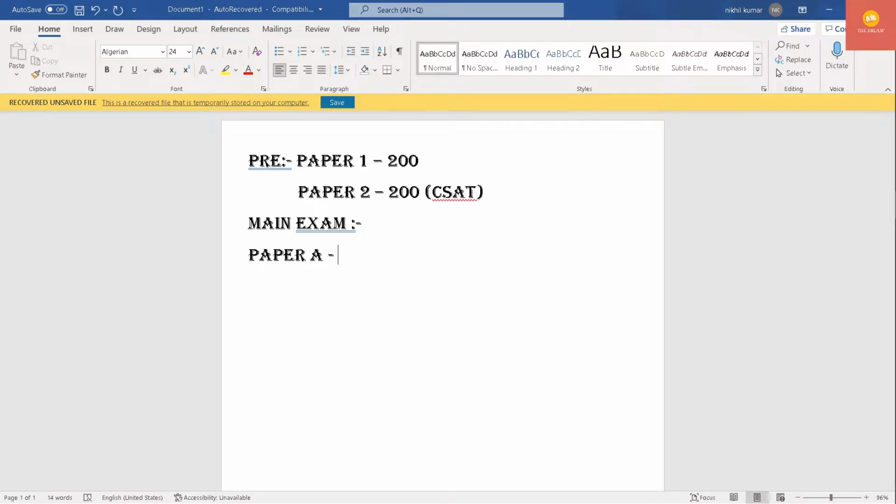Means to say, in our Indian constitution, in schedule 8 there are 22 languages. Out of those 22 languages, you have to choose one as your language paper, and you have to give the exam of that paper. So the first paper is paper A, that is language paper.